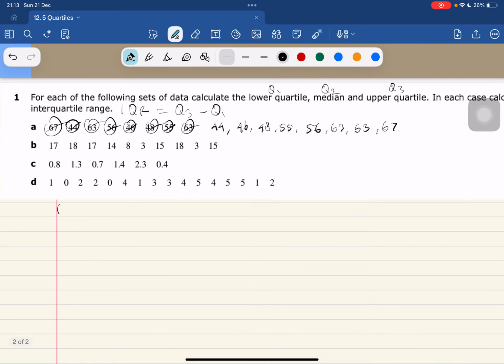Quartile 1, or the lower quartile, is 1 over 4 times the total number of values plus 1. Quartile 2, or the median, is 1 over 2 times n plus 1.